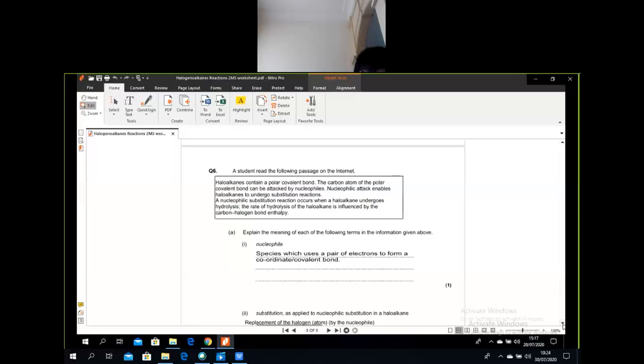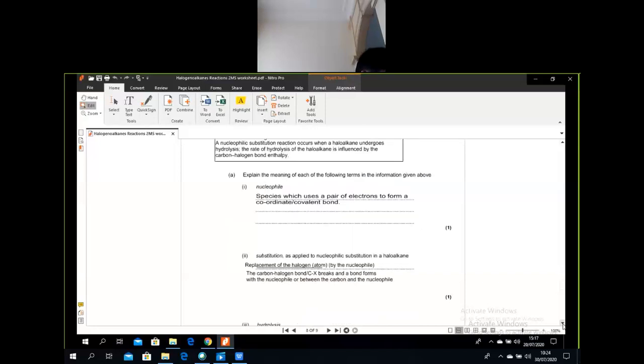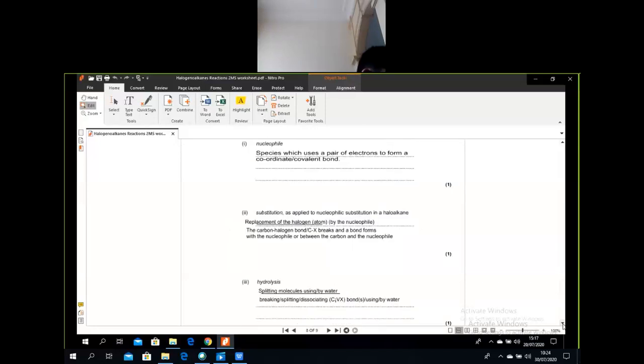Again, number A1, we have to define what a nucleophile is. You already know from the previous number. And number 2, substitution as applied to nucleophilic substitution in halogenoalkanes. Replacement of the halogen by the nucleophile.